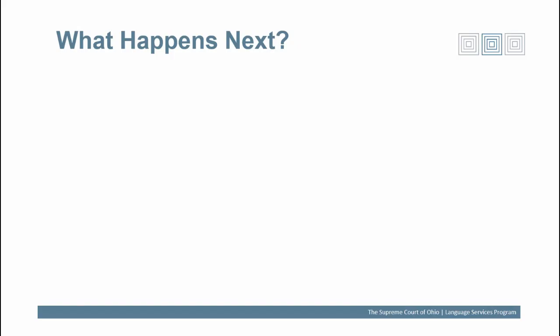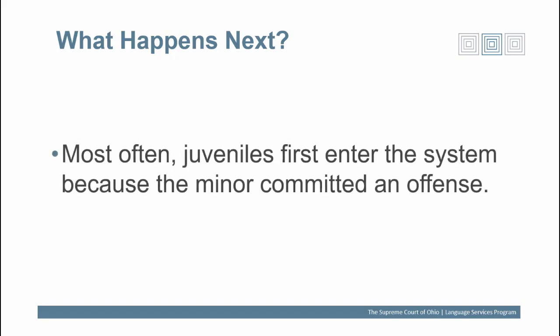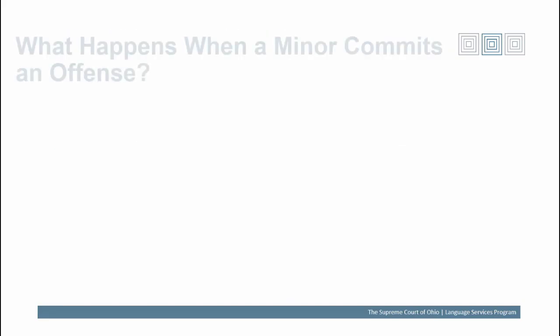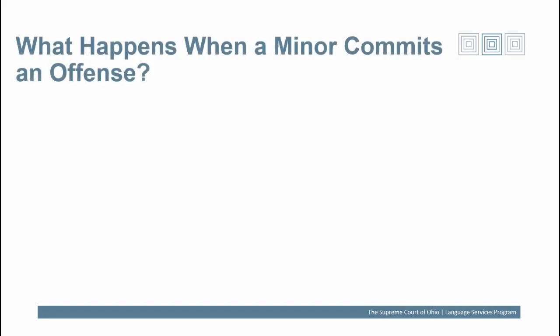Most often, juveniles first enter the system because the minor committed an offense. So what happens next? The obvious answer is that now said minor is going to get processed accordingly. As interpreters, we're always concerned about terminology, so let us first look at what is meant when we hear the term delinquent.